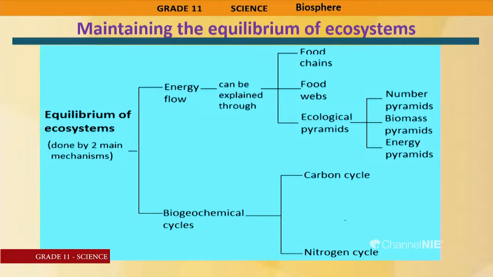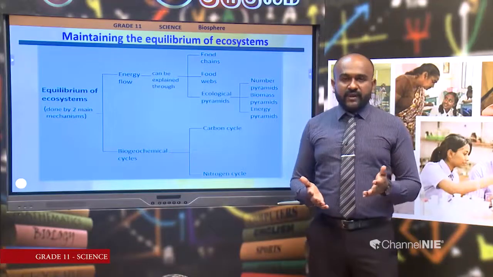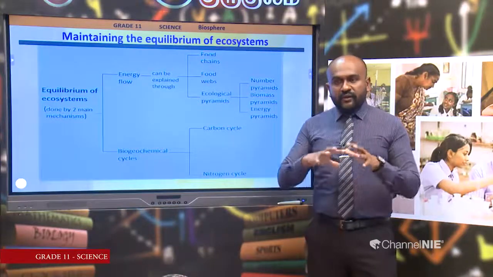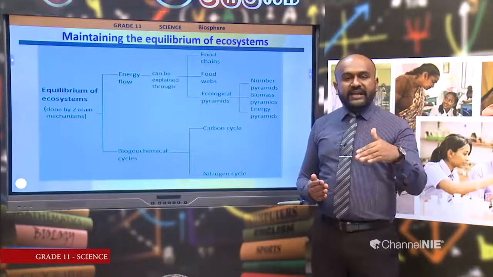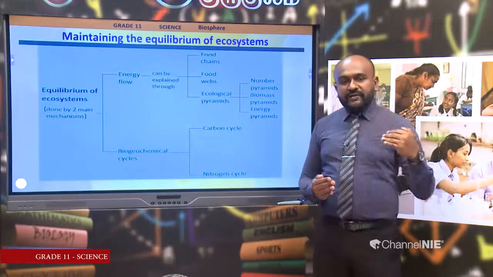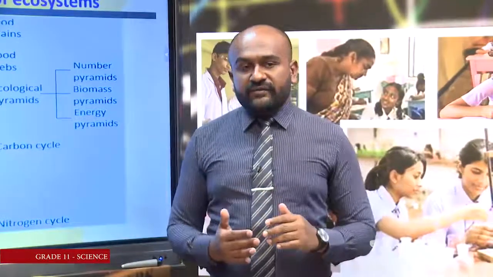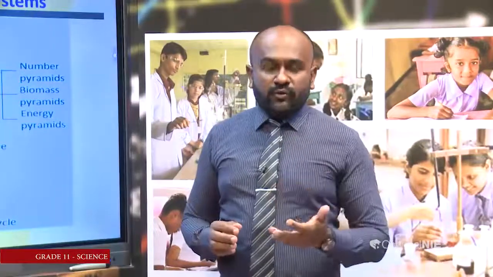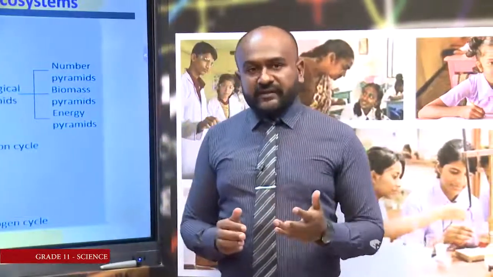Basically, it is about the organism obtaining the element from the environment and adding it back to the environment. So, these are the things that we need to consider. Under biogeochemical cycles, we learn only about two biogeochemical cycles, the carbon cycle and the nitrogen cycle.